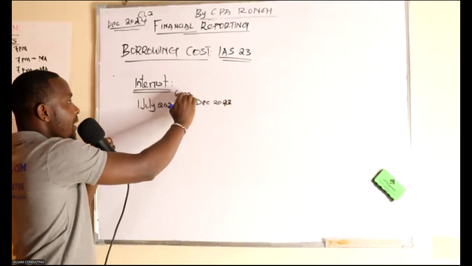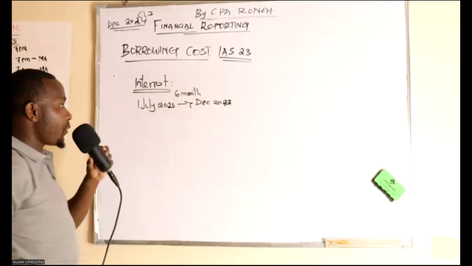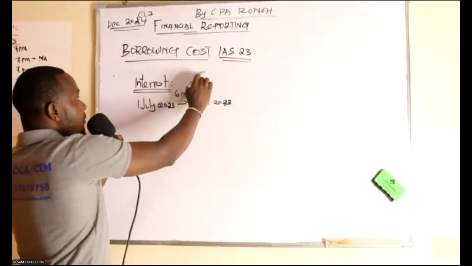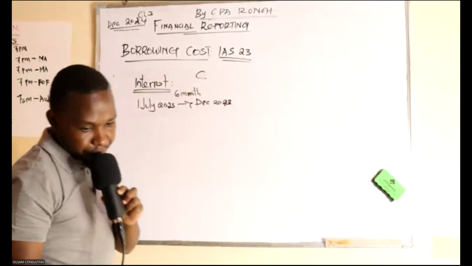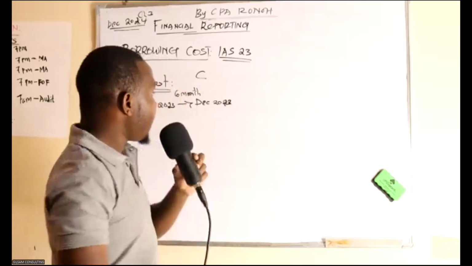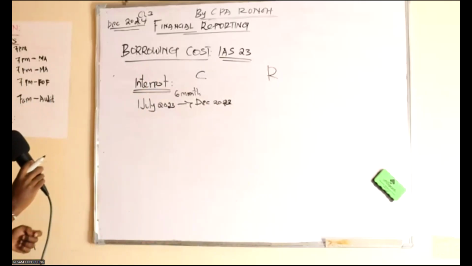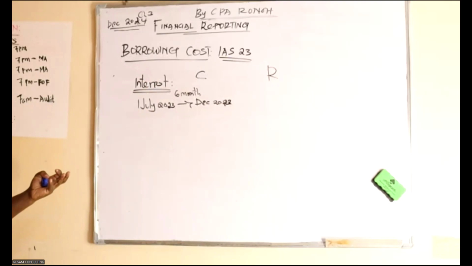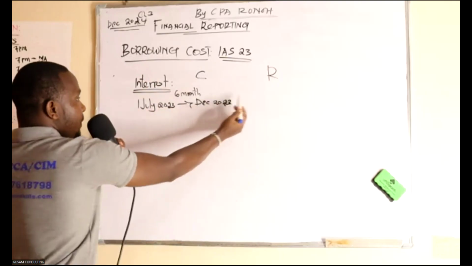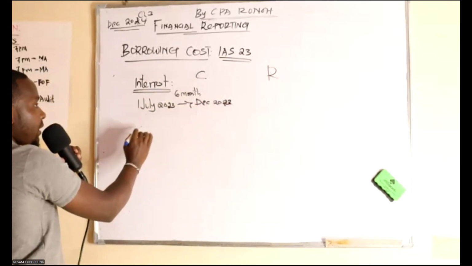So this is for which project? We can have the C project here, and also the R project, which is the robotic project. And then we can have another one from here, we have the same from July, and then here we will start.